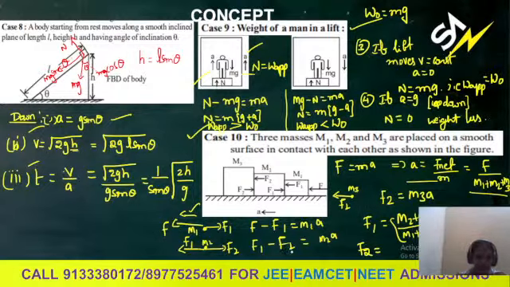So if you take free body diagram of M3 and substitute acceleration, we get it as M3 into F by (M1 plus M2 plus M3). So just draw the free body diagram, find the required force.